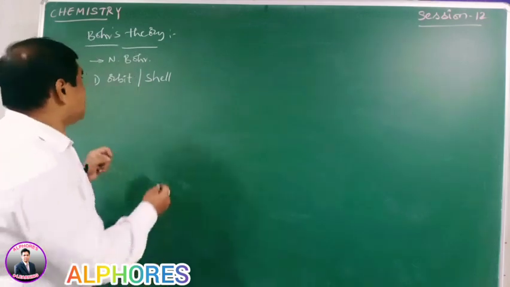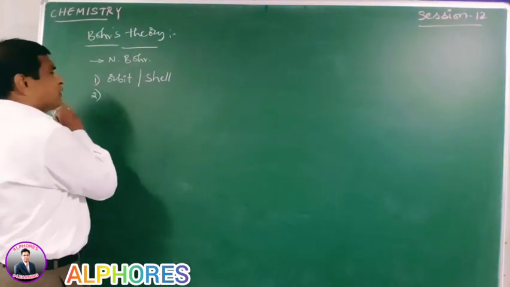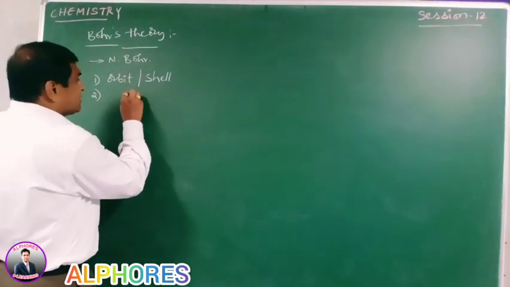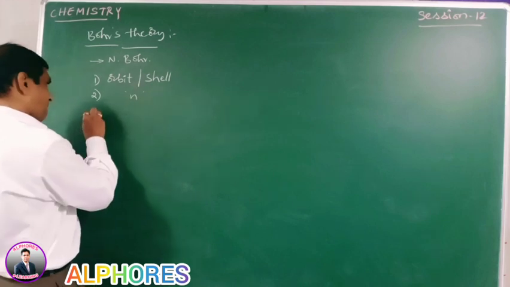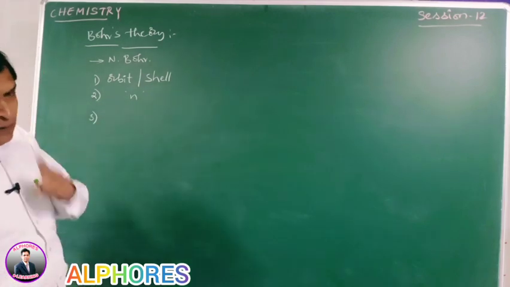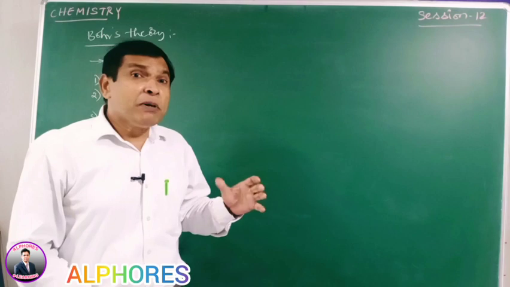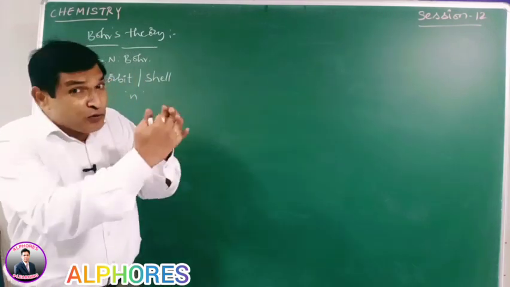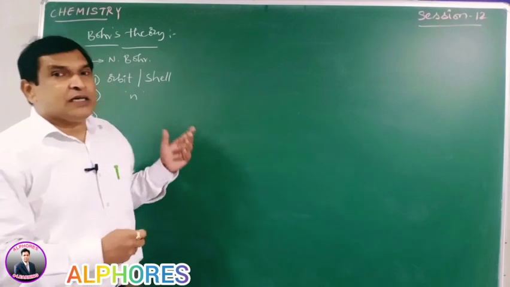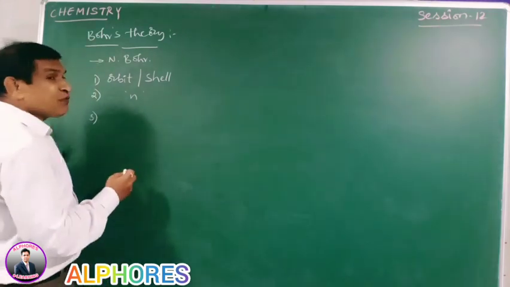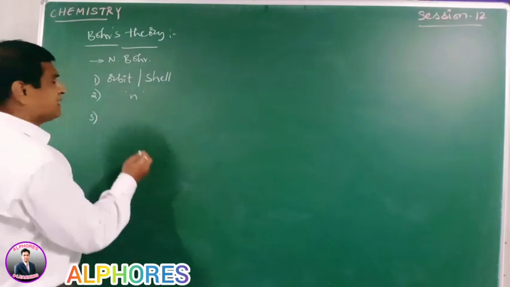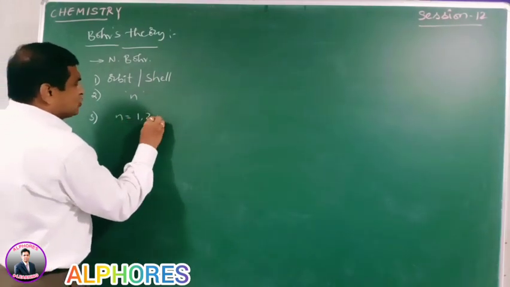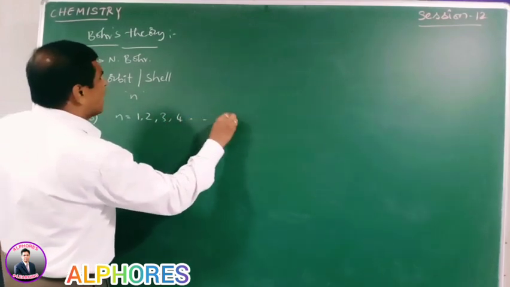Second point: an orbit is denoted by the symbol n. Next, the number of orbits from the side of the nucleus are designated as n equals 1, 2, 3, 4 and so on.